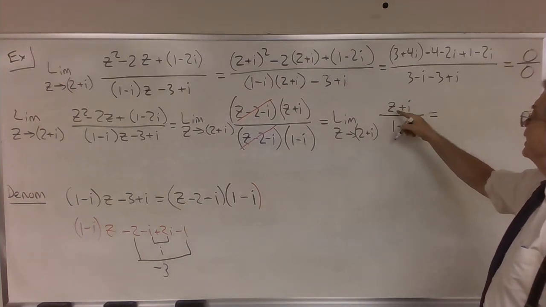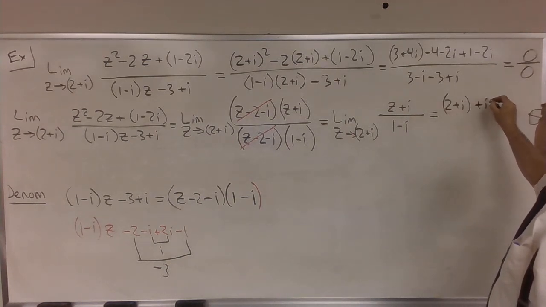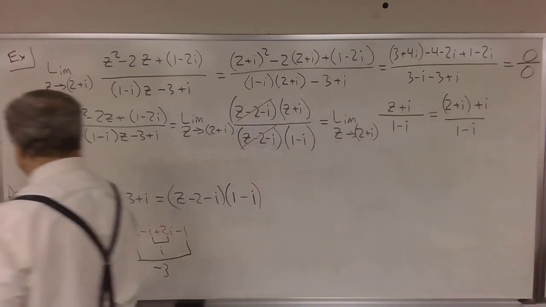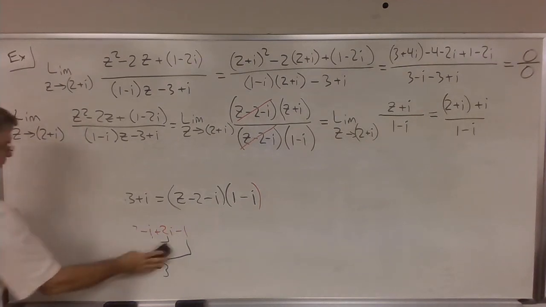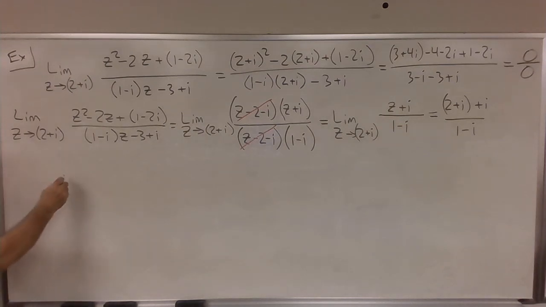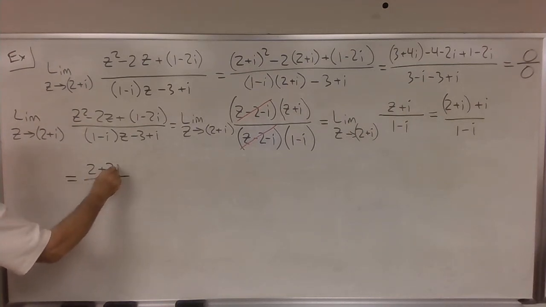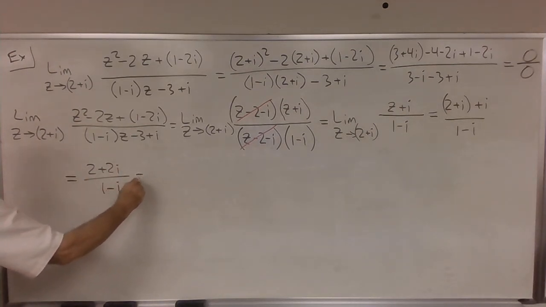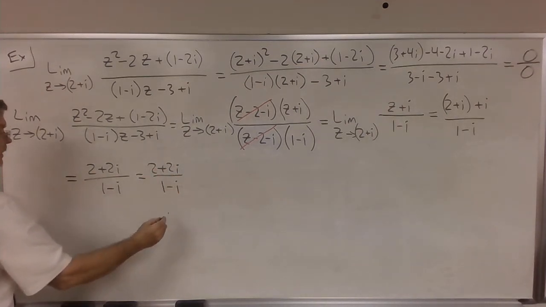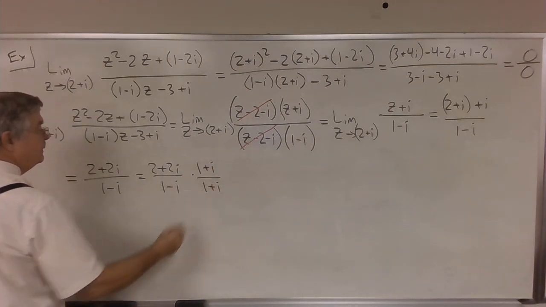And so we're going to get for z, 2 plus i over 1 minus i, and that's going to equal 2 plus 2i over 1 minus i, times 1 plus i over 1 plus i.